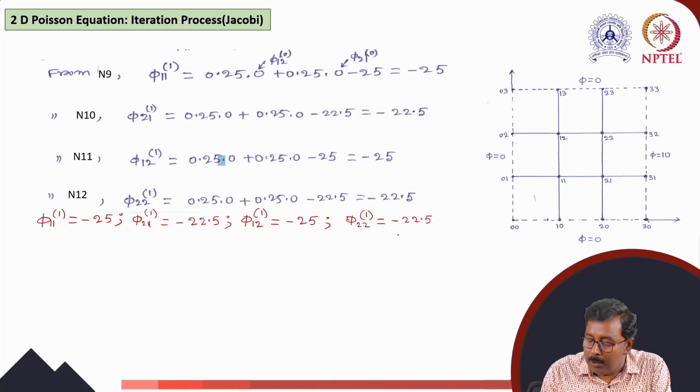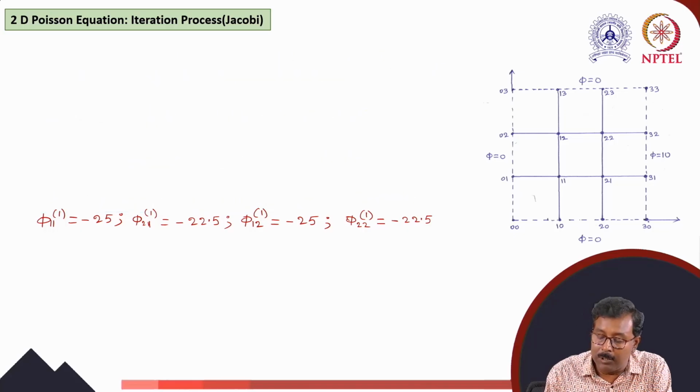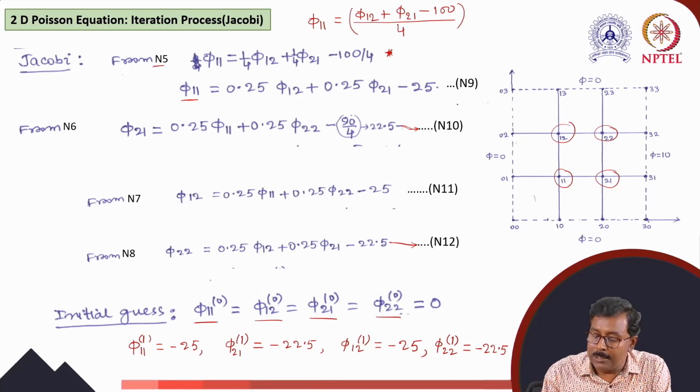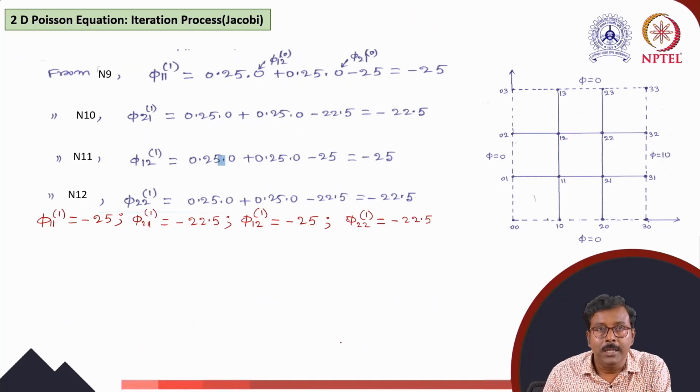These values will be used again to compute the values of phi 1 1 using the basic equations that we have formed, that is N9, N10, N11 and N12. We will be using these equations again to compute the second iteration value of the phi values.